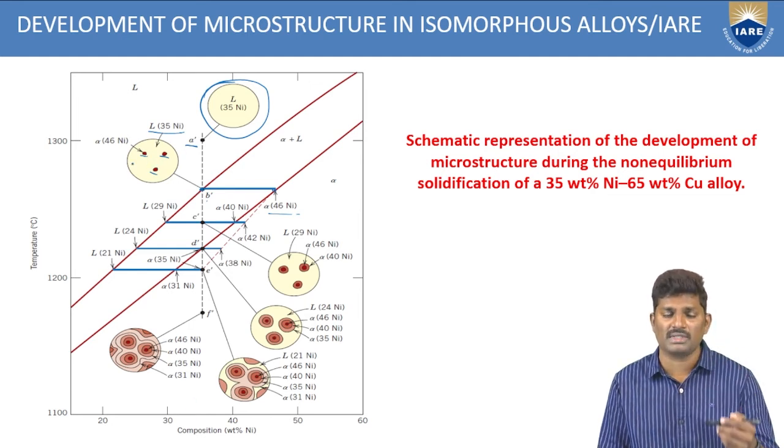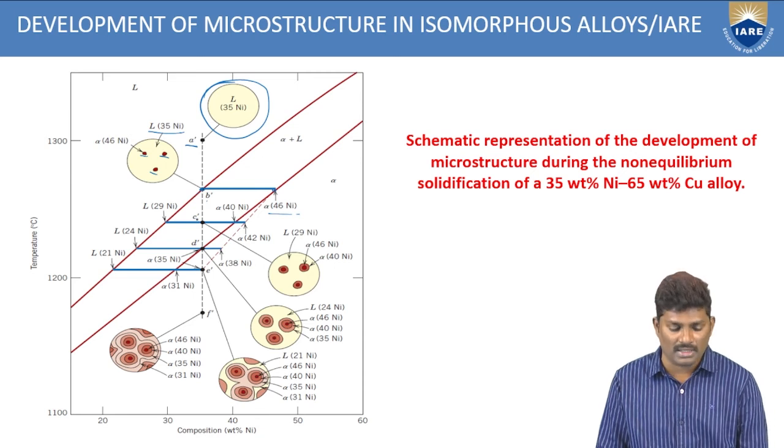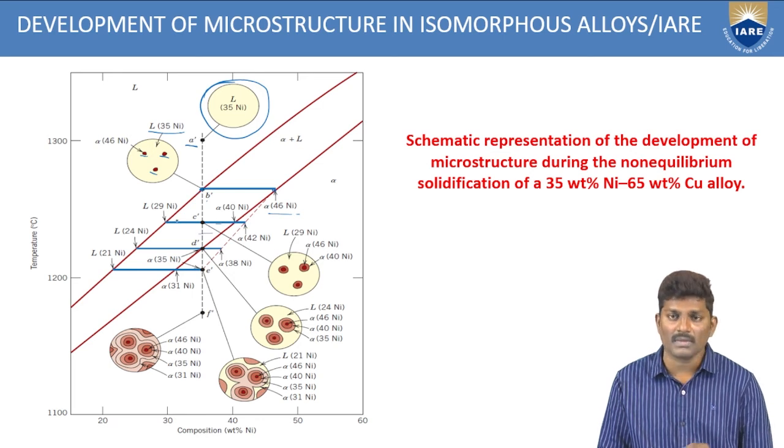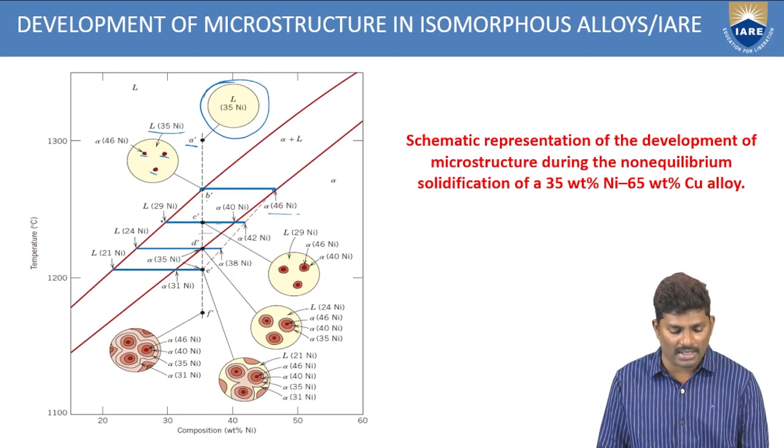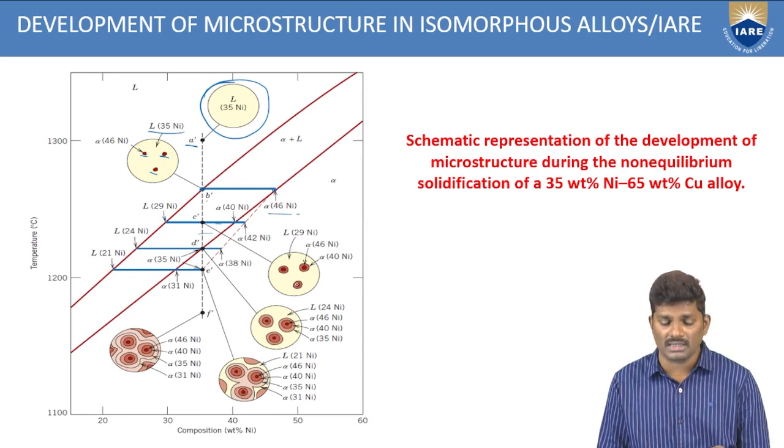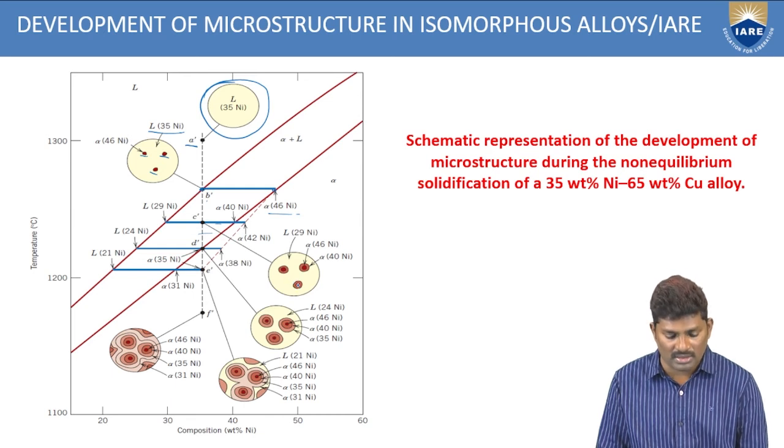Now if you slowly reduce the temperature, you get the point C, and this point C is also lying in between the two phases. You have to draw the tie line and again get the compositions. Now if you see this point C, you can note there is a dark line and a thin line.